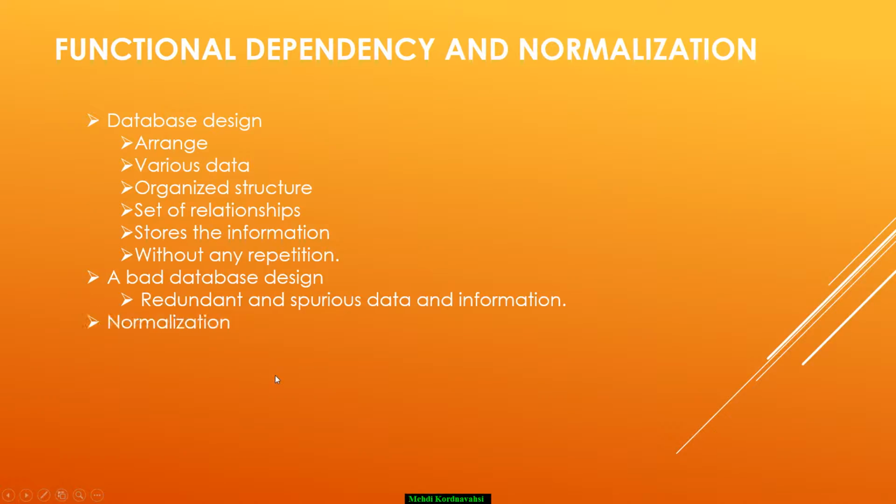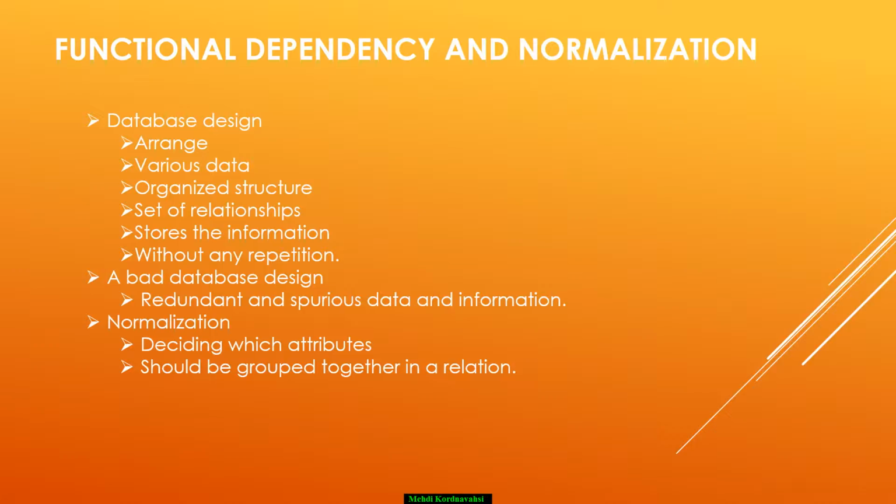Normalization is a process for deciding which attributes should be grouped together in a relation. This is a definition of normalization.